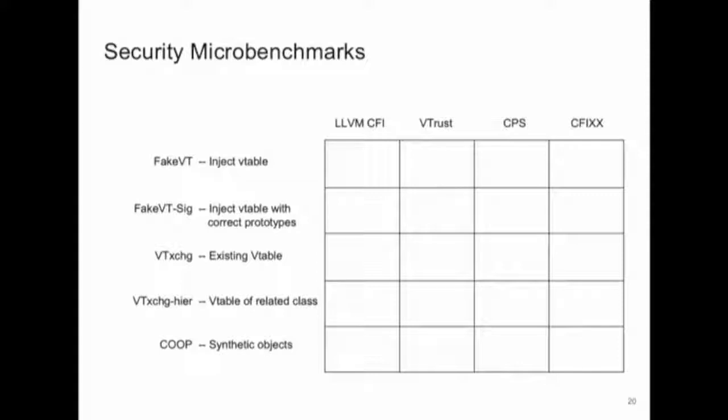Okay. So to show the differences and sort of tease out the different issues in these policies, we've created some microbenchmarks, which just show different attacks, and then we compiled them with the various defenses and saw what targets we were actually able to address. The first one is fake virtual tables, where you inject a virtual table of your choosing, and all the defenses are able to deal with that.